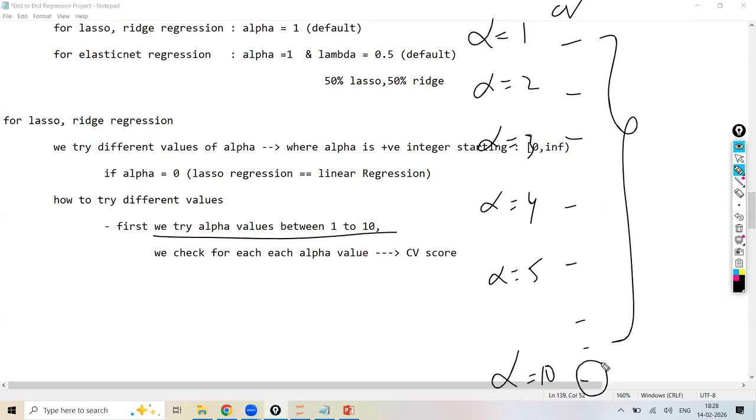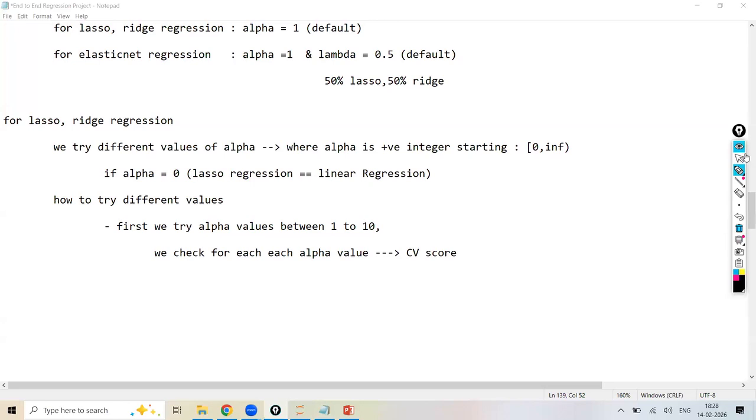Sir, if the last value is maximum, then we have to increase. That is the next point. What is the next point we have to write here?